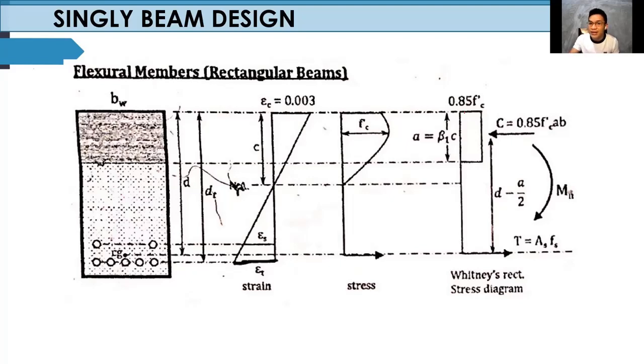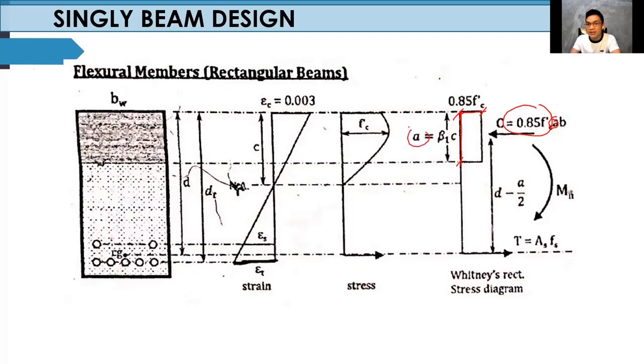So therefore, area natin is, this is our height, 0.85 FC prime, multiplied by our height. Ito. No? So that is A times 0.85 FC prime, multiplied by our A. Okay ba? So therefore, pag ganyan, no, multiplied by our B, or yung ating base natin.